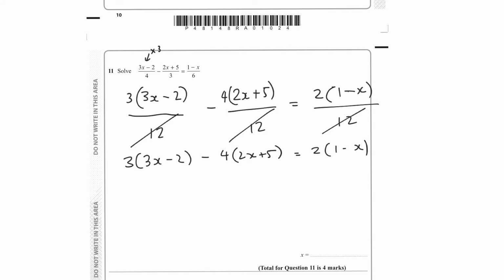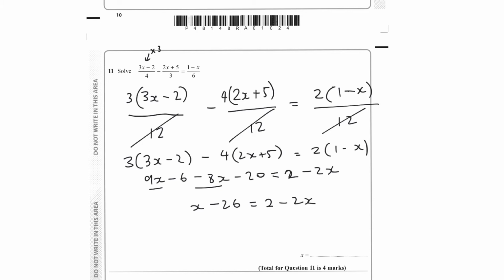So now we're just going to expand the brackets. So that would be 9x minus 6 minus 8x minus 20 is equal to 2 minus 2x. Simplify. So 9x minus 8x would leave you with x. Minus 6 minus 20 would leave you with minus 26 is equal to 2 minus 2x.